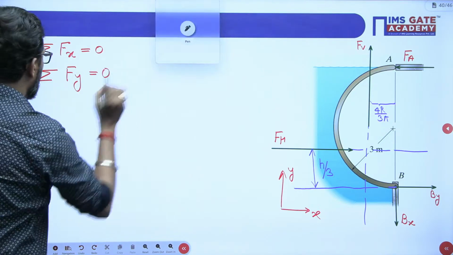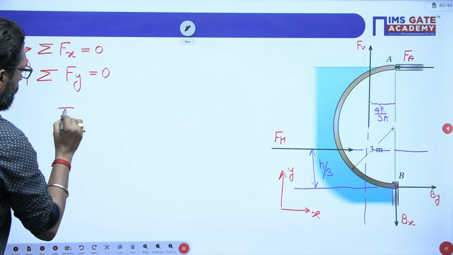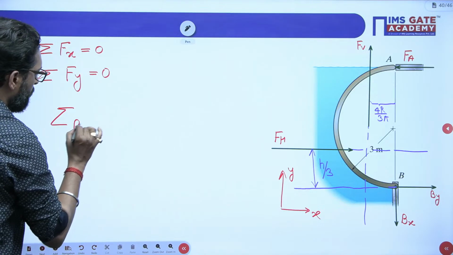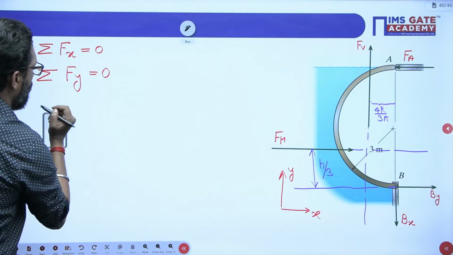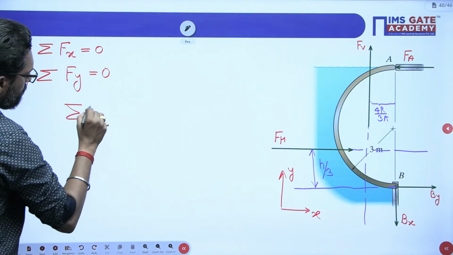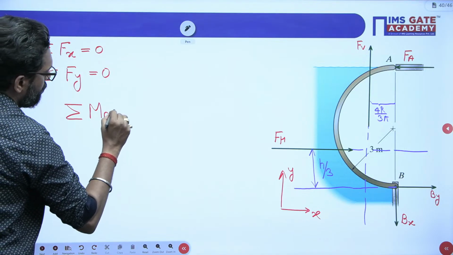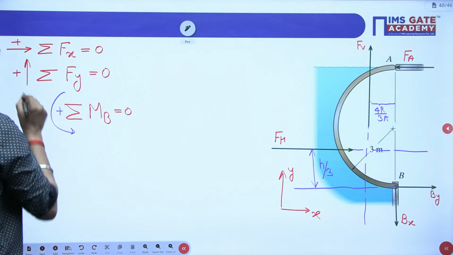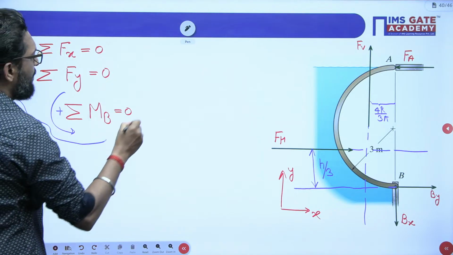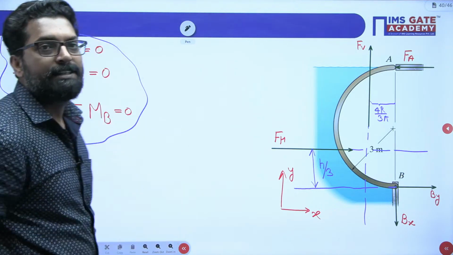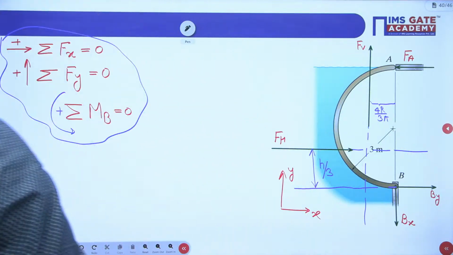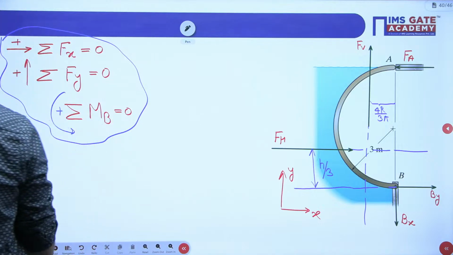Third, summation of all the moments, we take moments about point B. Why? Because the moment at B is equal to 0. Summation of all the moments at point B is equal to 0, taking clockwise moment as positive. So these are the three equations. Apply these three equations and find each and every value. This is a simple question.